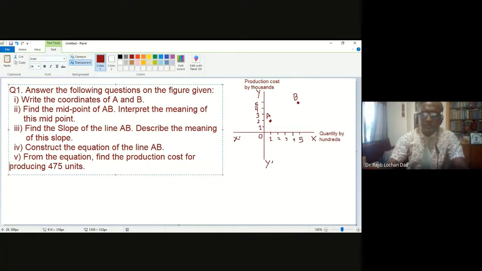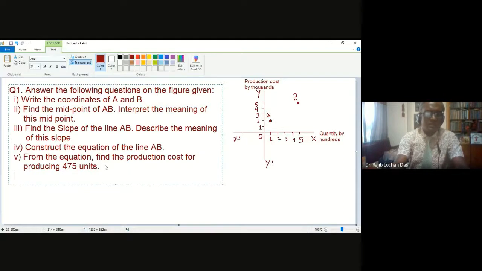That means you already know that x-axis is the quantity and y-axis is the production cost. So you find the production cost, and the unit means quantity.